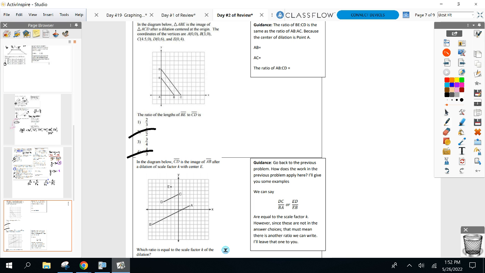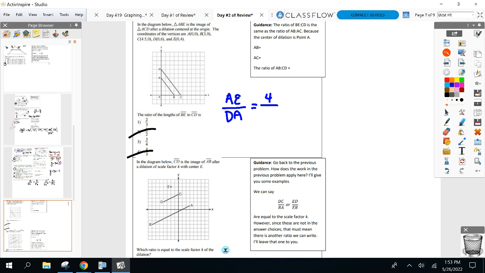DA and EA. Okay, so AE over DA. I could have also gone AB over AC. And why is that a little bit easier than busting out the distance formula? You can count how long they are, right? How long is AE? AE is 4.